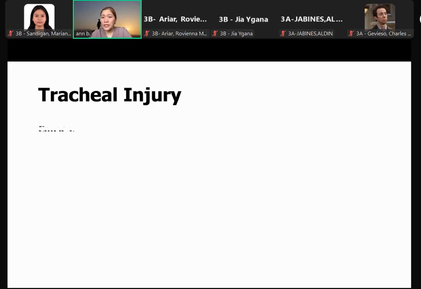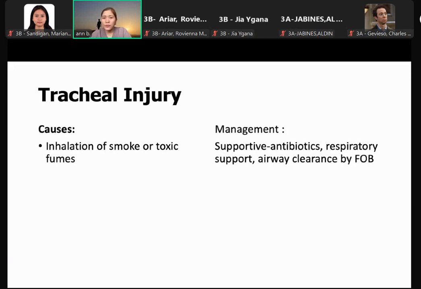So we have first the causes of tracheal injury. The common cause is inhalation of smoke or toxic fumes. Management for this is only supportive, but depends on the initial survey of the injury.